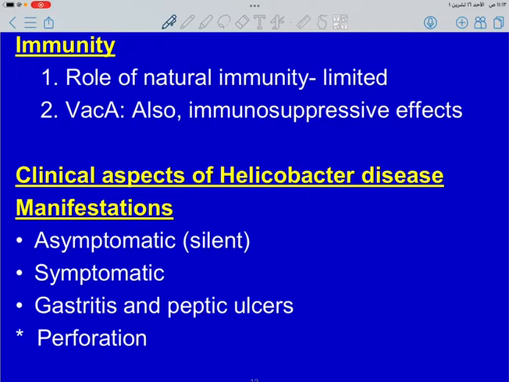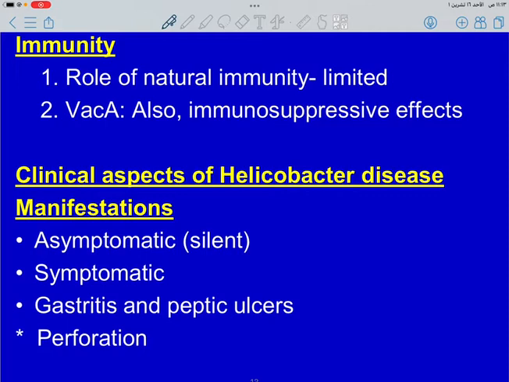Innate immunity, like what? Gastric acidity is part of the innate immunity. Okay? That is also immunosuppressor. That is why I said in the beginning, it can evade the immune system, can escape from the immune system.